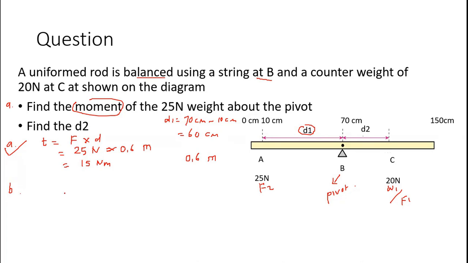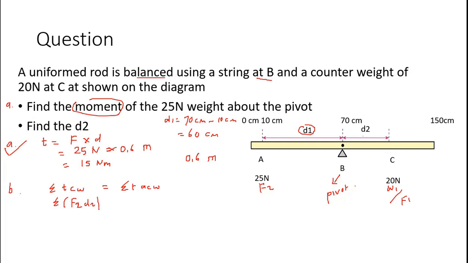Let's rewrite from the formula. The sum of the clockwise torques is equal to the sum of the anti-clockwise torques.